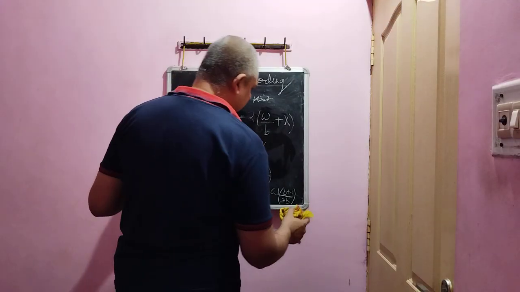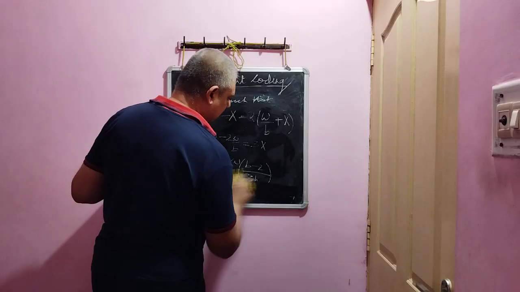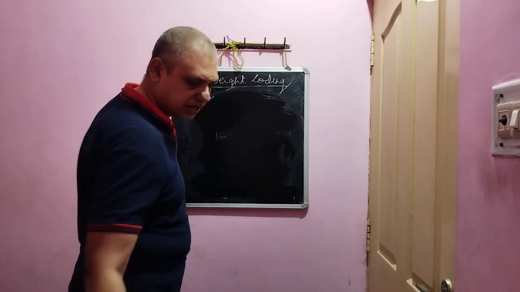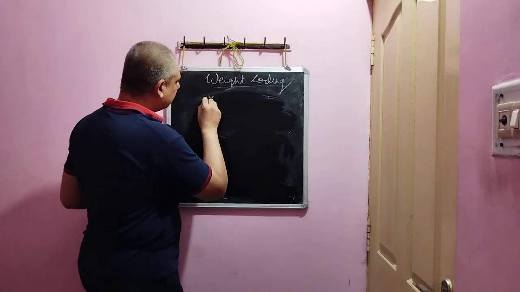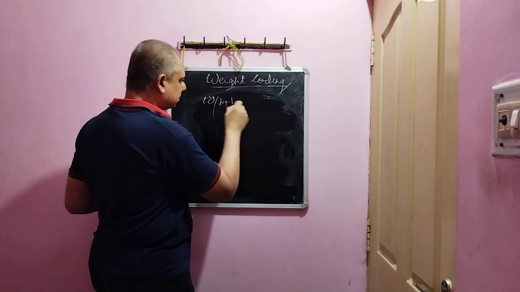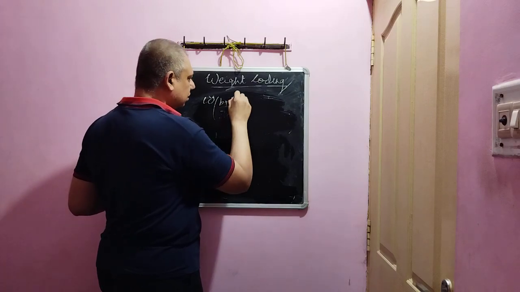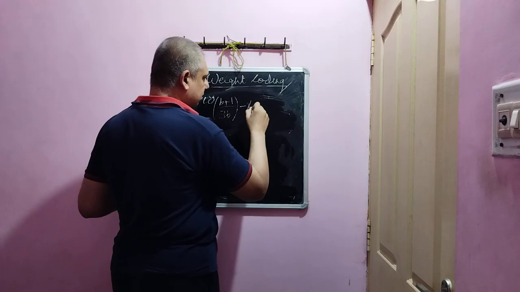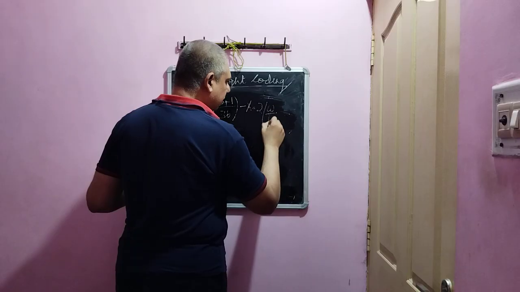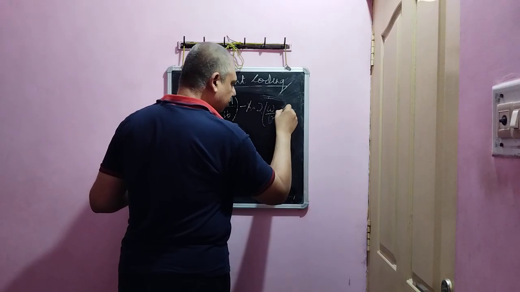Now again we have to determine X such that W times (B plus 1) by 3B minus X is equal to 2 times (W by B square plus X).